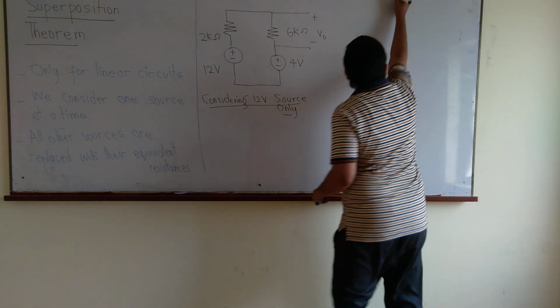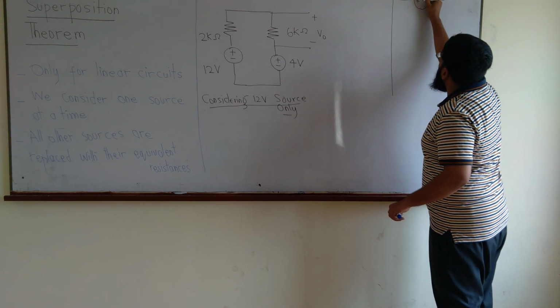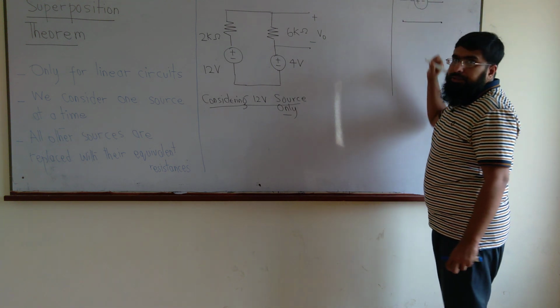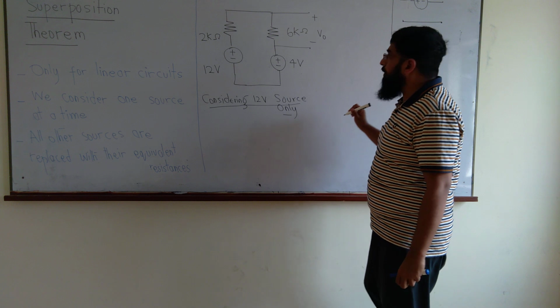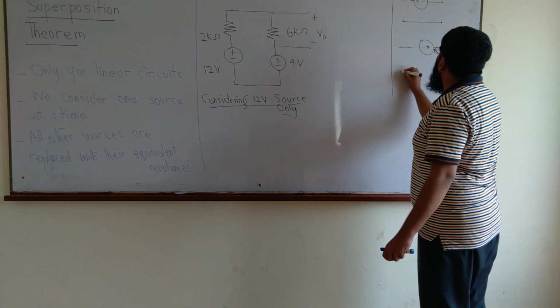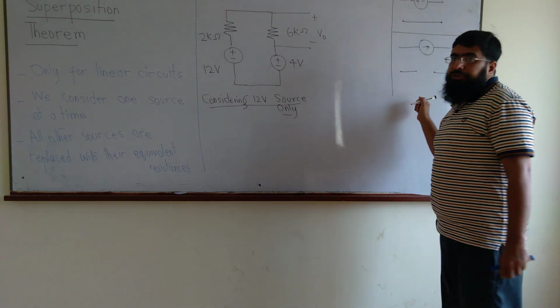All voltage sources are replaced with short circuits because the equivalent resistance of a voltage source is very small, and all current sources are replaced with open circuits because the internal resistance of a current source is very large.